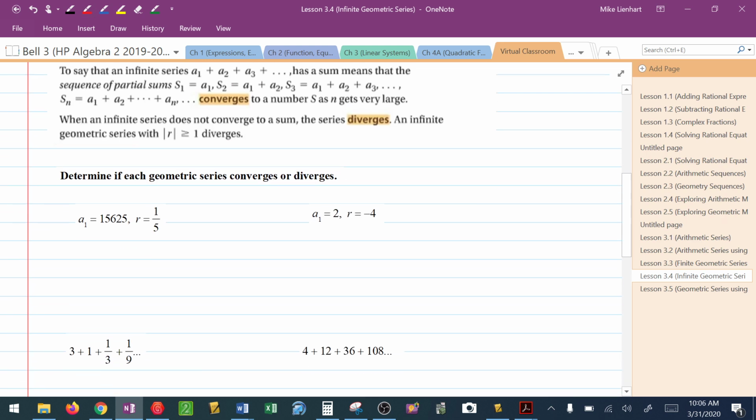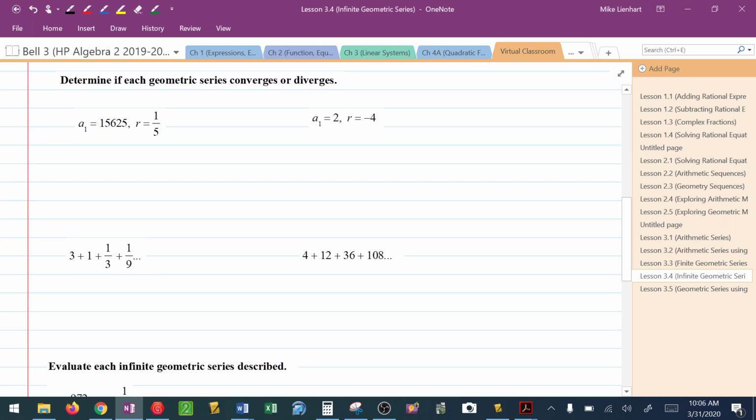So the first thing we want to do here is take a look and ask, does it converge or diverge? When answering this question, we want to defend what we say by explaining the R value. For example, in the first one, I see that the R value is 1/5. I know the absolute value of 1/5 is less than 1, so I can determine that this converges.